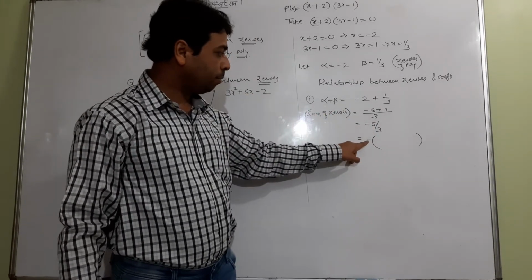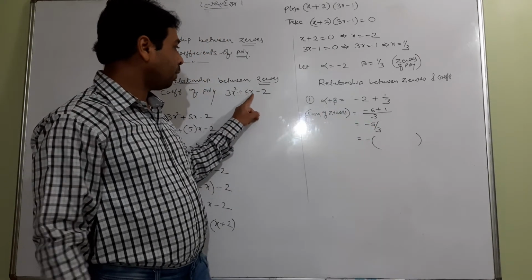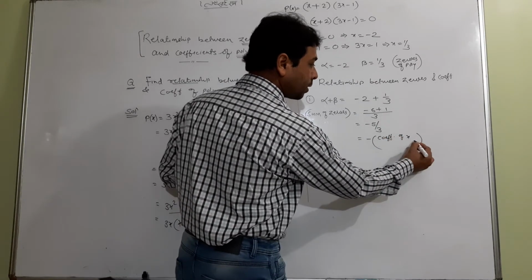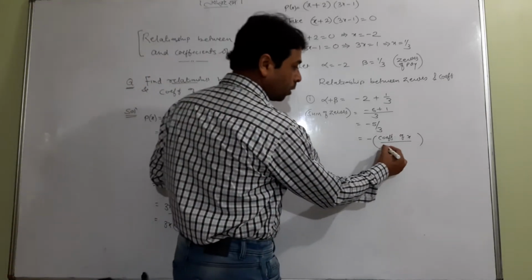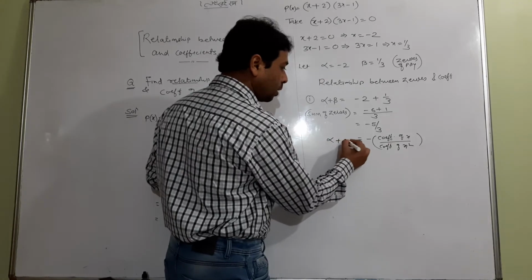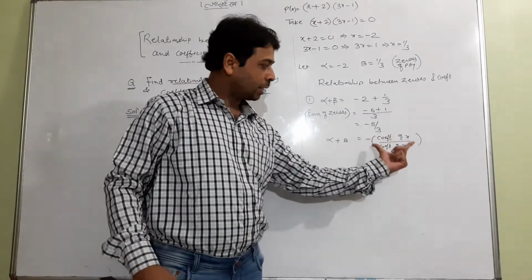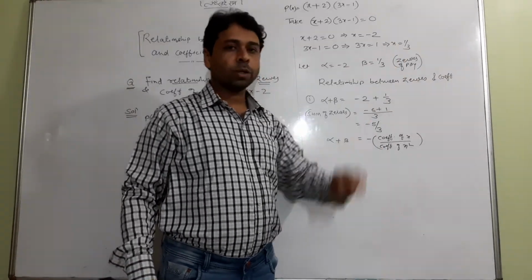Only 5 will be written because it is a plus sign. So 5 is the coefficient of x, upon 3, which is the coefficient of x square. Please make a habit of this, because your answer will finish here: these are the zeros, this is a coefficient, and that shows the relationship between zeros and coefficients.